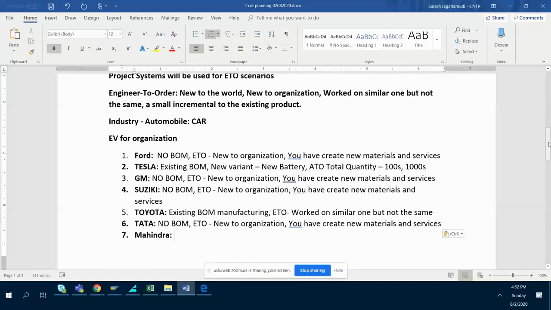But all you need to understand is whether it is ETO or non-ETO. That makes the difference. If it is ETO, you can blindly start with PS in place. Something which starts with ETO, you can use the PS module by default. Use SAP PS for the ETO scenario.